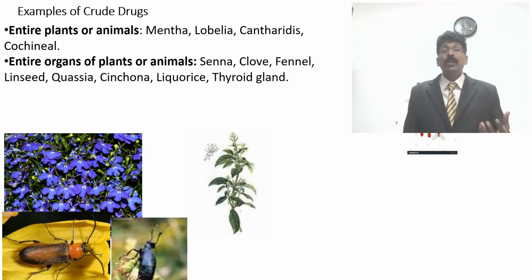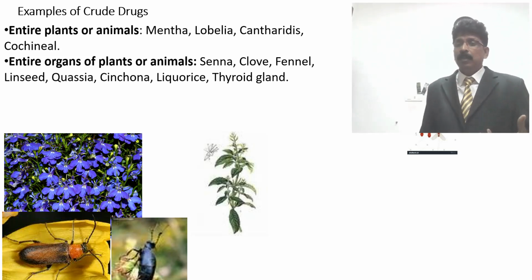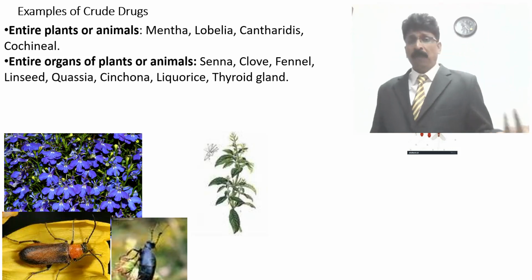Then you come to an entire organ sometimes: liver, heart, skin from animals; and from plants, bark, leaf, root, stem, flower, fruit.